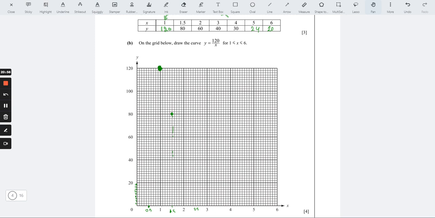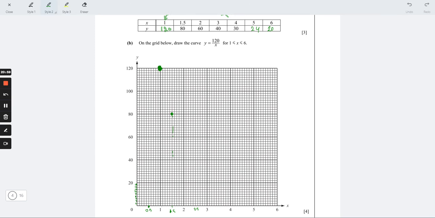Let's draw 6 and 20, which is this point here. 5 and 24 will be up 2 squares in here. Then 4 and 30 will be in the middle here. So 3 and 40, and 2 and 60.